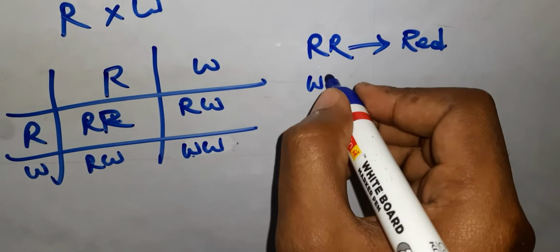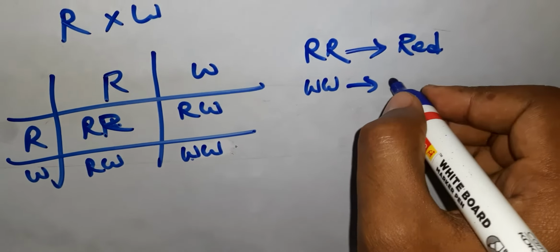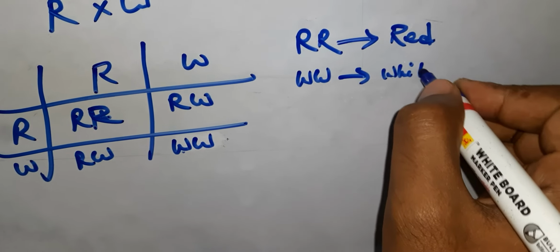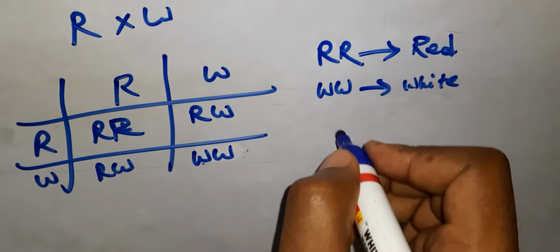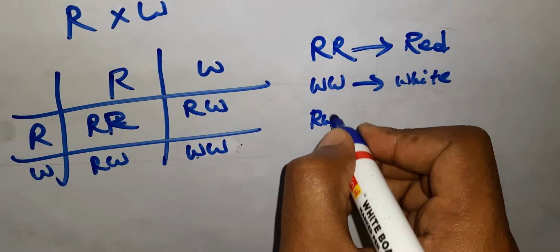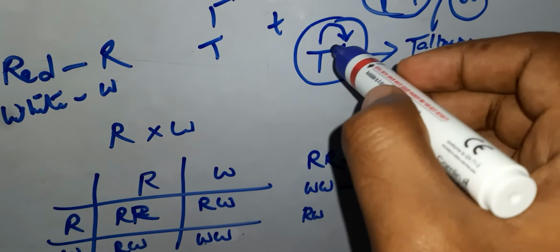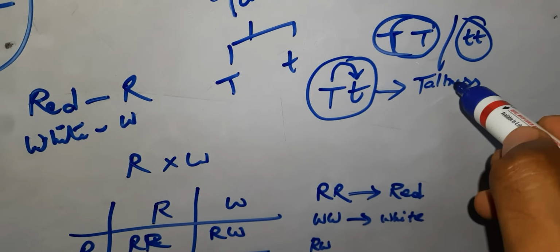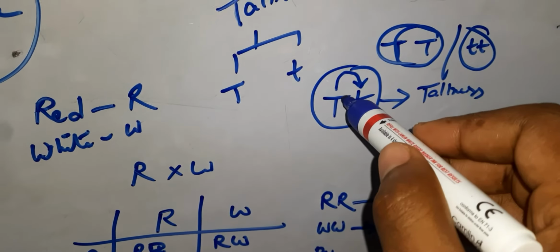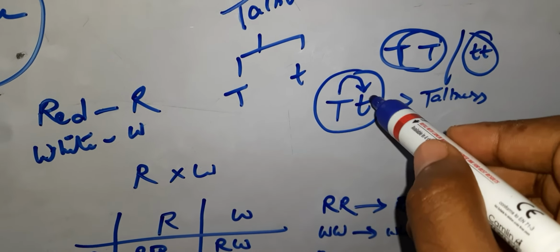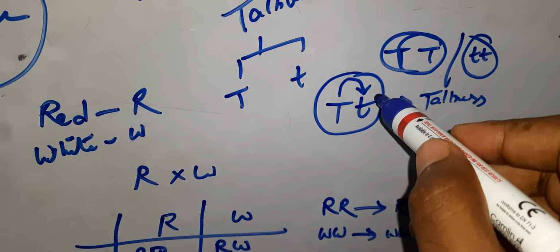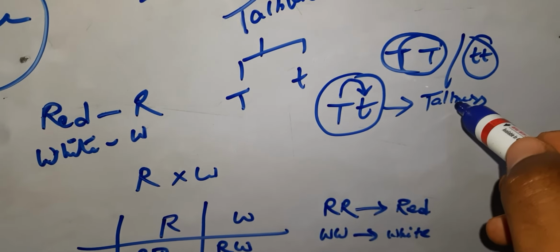In case of WW, the flowers appear white. But in case of RW, we have seen that in case of heterozygous, in case of the tallness, capital T becomes dominant over small t, so the organism appears tall.